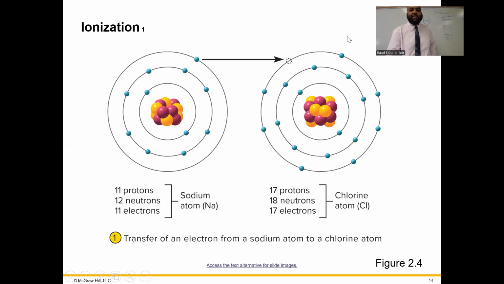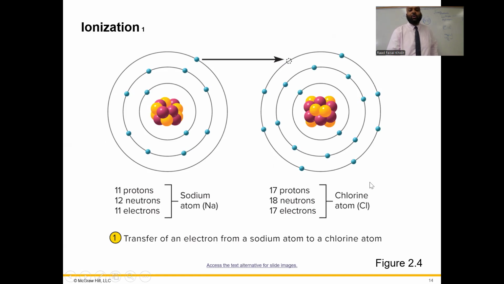That's what happens here in the ionization of sodium. This is sodium. Sodium has 11 protons, 11 plus, and 11 electrons, 11 minus, and they even out. They are both at 0. But sodium gives 1 electron to chloride.